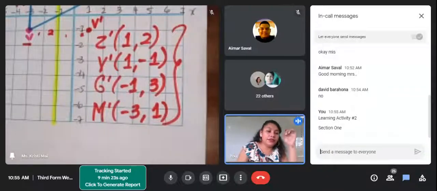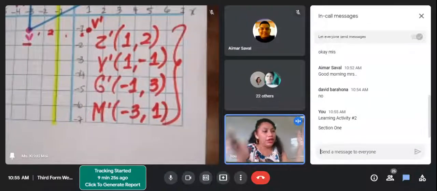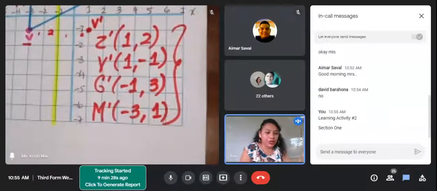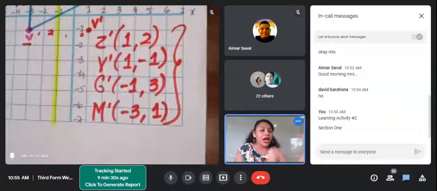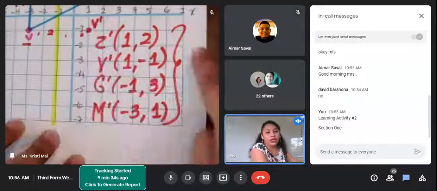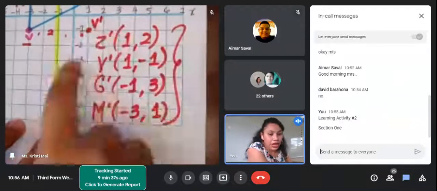Section 1 gives you the coordinates and tells you to reflect across x equals -1. What you need to write are the new coordinates that we have gotten. This is what the question asks you to give.